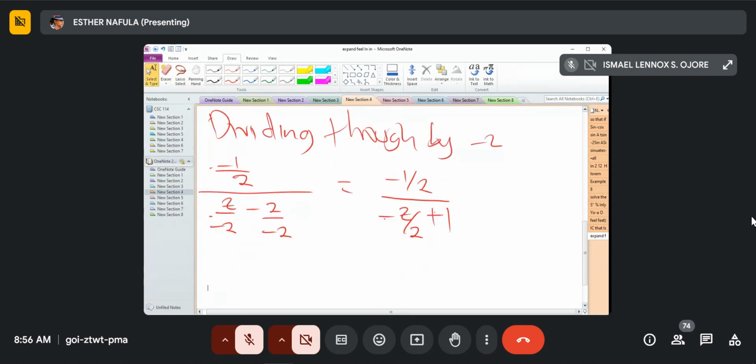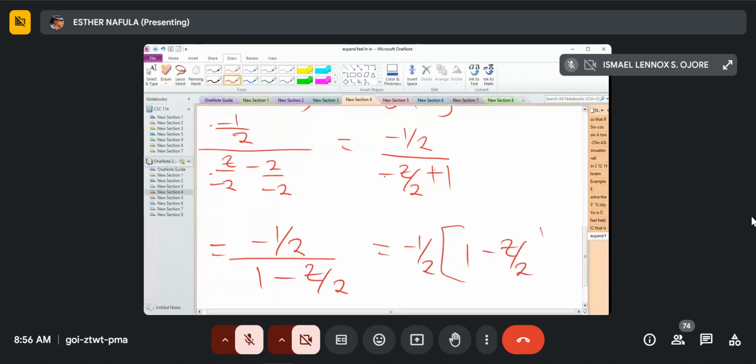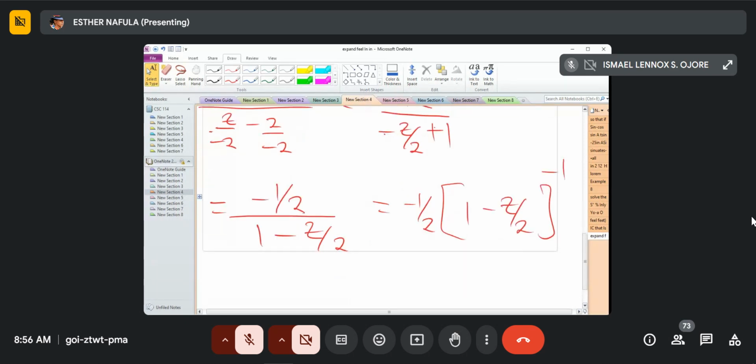The next step, we just have to rearrange, so that this is minus 1 over 2 divided by 1 minus z over 2. So this is negative a half times 1 minus z over 2 raised to negative 1. From here, you can apply the expansion for 1 minus z.